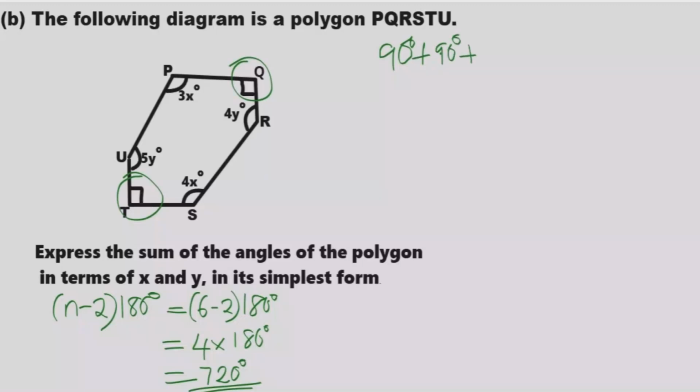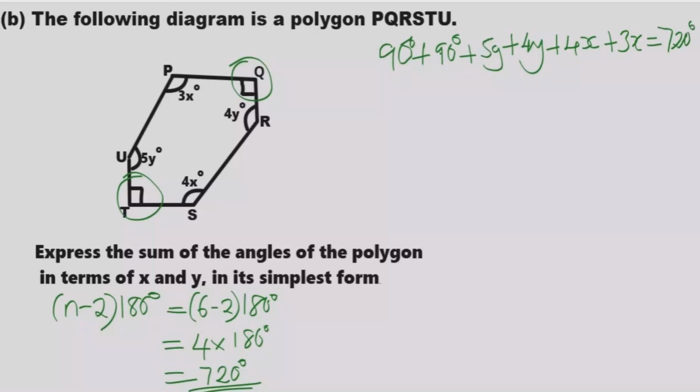Then we say plus 90 degrees, which is on Q. Then plus, the others are not given, so we can come at U. We have plus 5y. Then again at R we have 4y. Okay, sorry, it should be plus. Then we say plus 4y. Then we come at S, we have plus 4x. Then plus, we come at P, that is 3x, which is equal to 720 degrees.